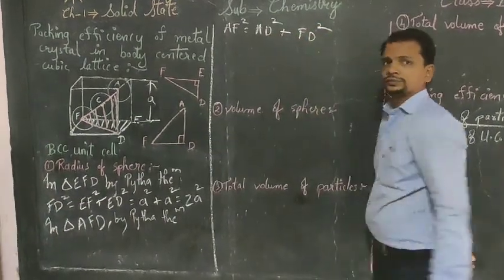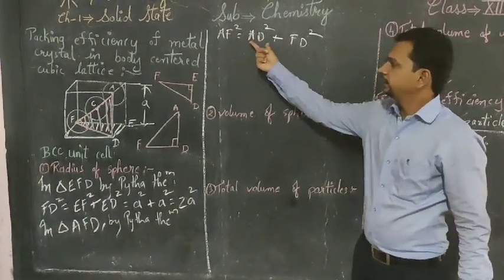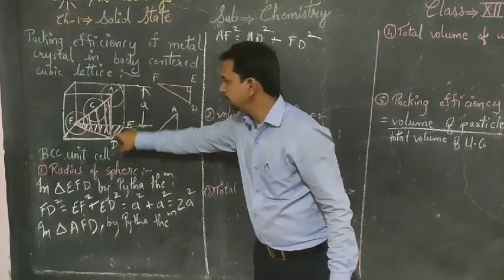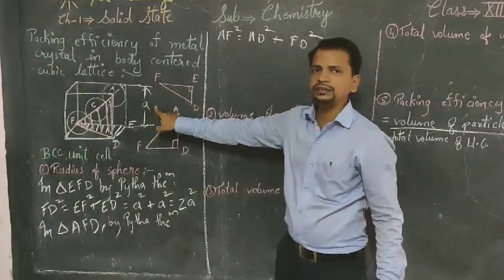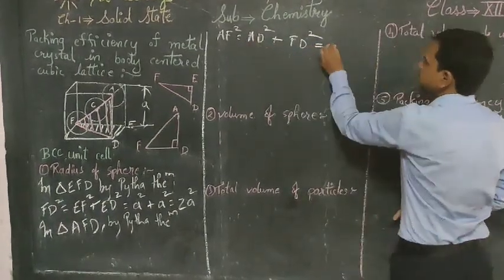Now we will put the values of AD and FD. If we see AD, this AD is one side of the cube, and we have seen the side of the cube is A. So the value of AD is A.